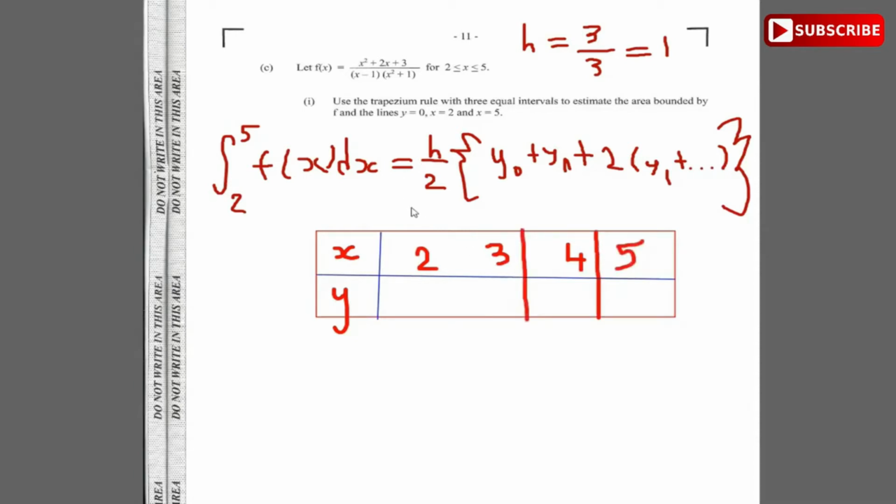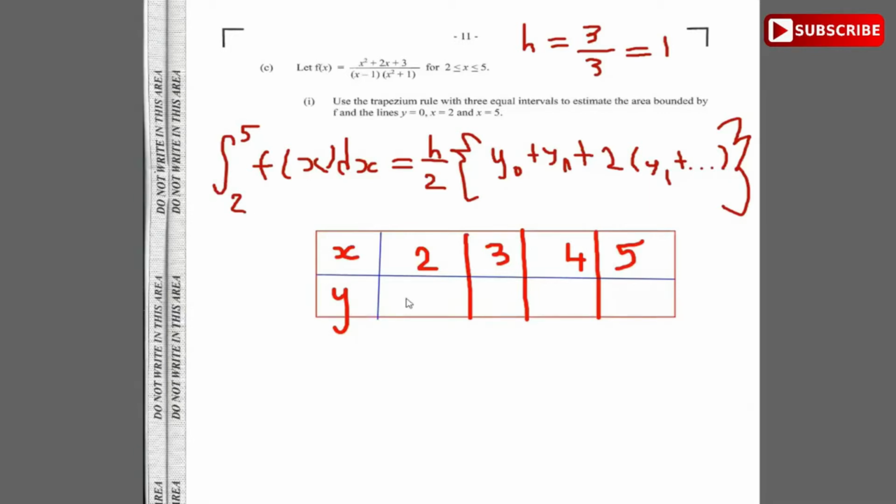Plug in 2. When x is 2, what would I get? 2 squared plus 2 times 2 plus 3, that's 11, divided by 2 minus 1 times 2 squared plus 1, and 2 squared is 4, 4 plus 1 is 5.